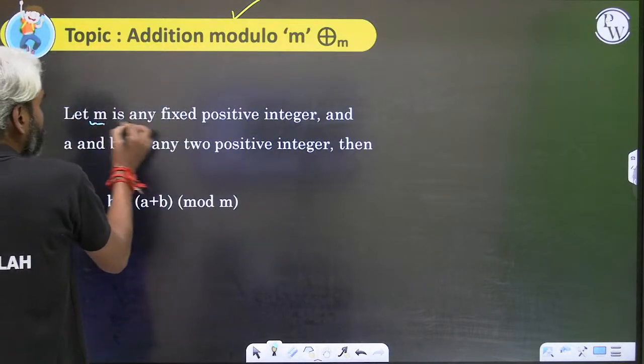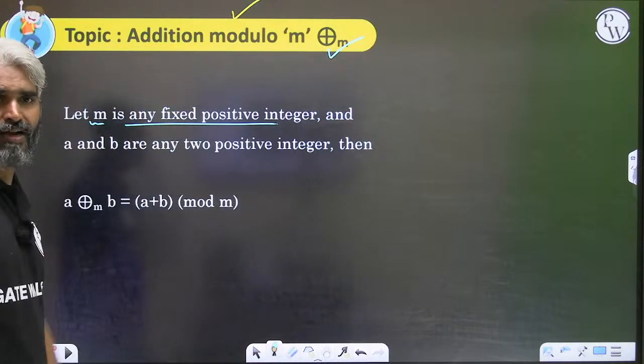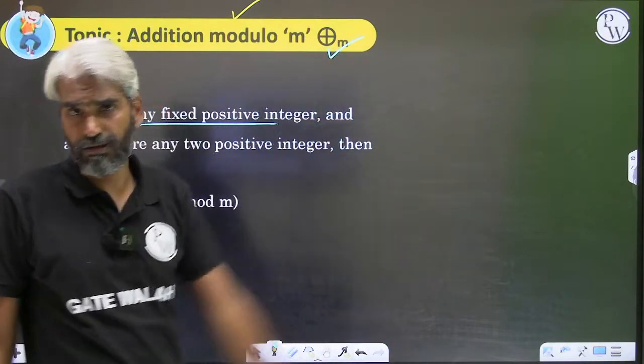Let m be any fixed positive integer. So if we are talking about addition modulo m, then this m is a fixed positive integer.